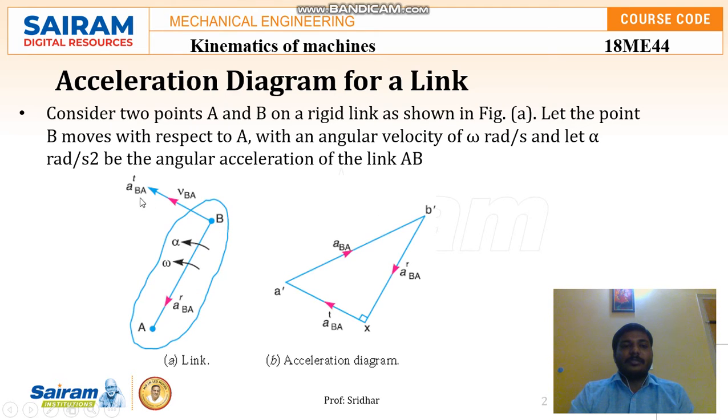When it is moving with respect to A, the angular velocity will be omega, in radians per second, and alpha will be the angular acceleration, in radians per second squared, of this link AB when B moves with respect to point A. So this is how we have constructed the link.